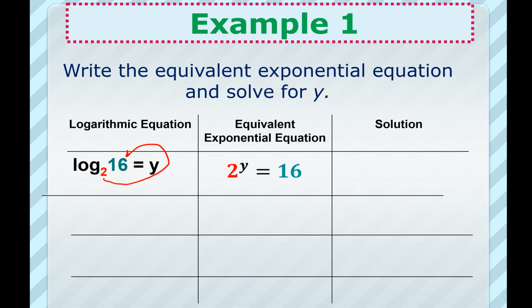Well, 16 can be rewritten as 2 to the 4th power. So there's what's called the one-to-one property. The one-to-one property says that basically if I have 2 to the something equal to 2 to the something, the somethings have to be equal to each other. So therefore, y has to be 4.